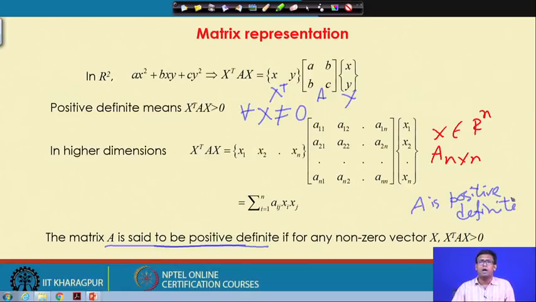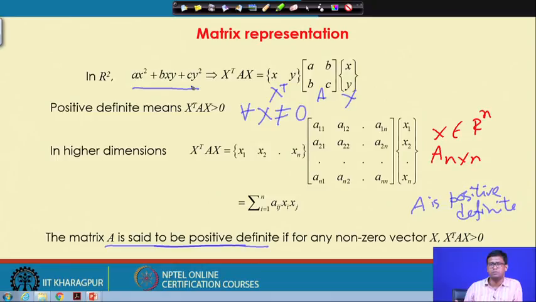Now, earlier we have seen that there are a few conditions based on which, when we took the function a x square plus b xy plus c y square, we can say that x equal to 0, y equal to 0 is a minima, and therefore it is a positive definite function.